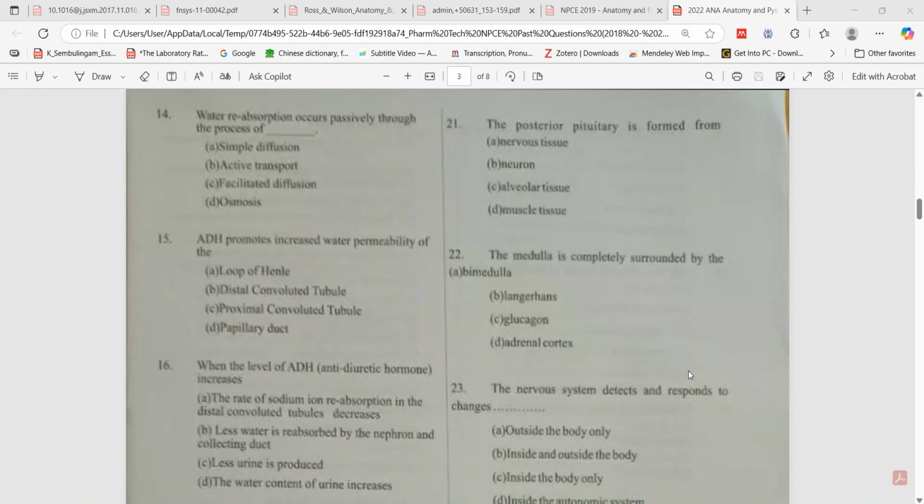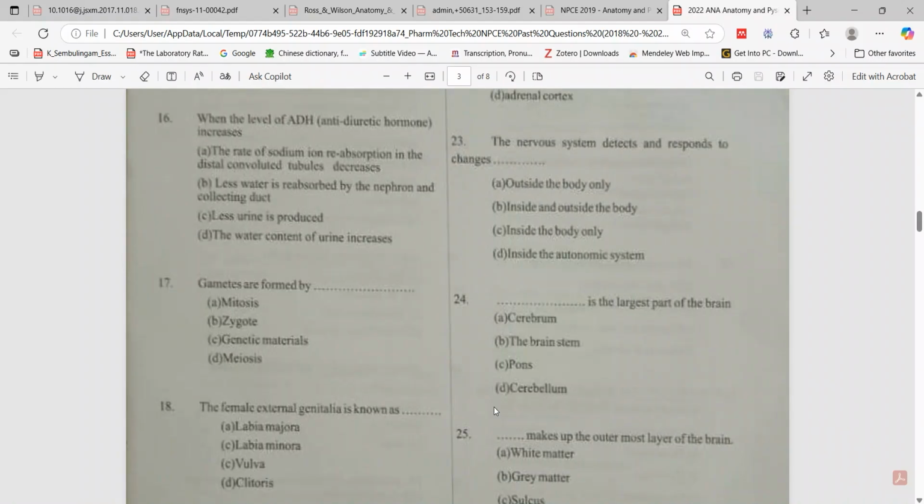The medulla is completely surrounded by the adrenal cortex. Yes, the adrenal cortex completely surrounds the medulla. All right. The nervous system detects and responds to change, dash.